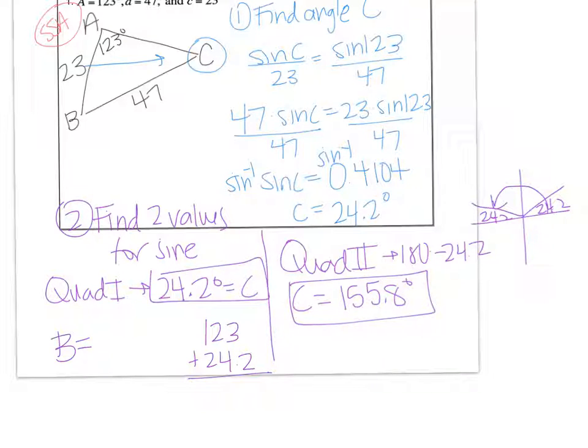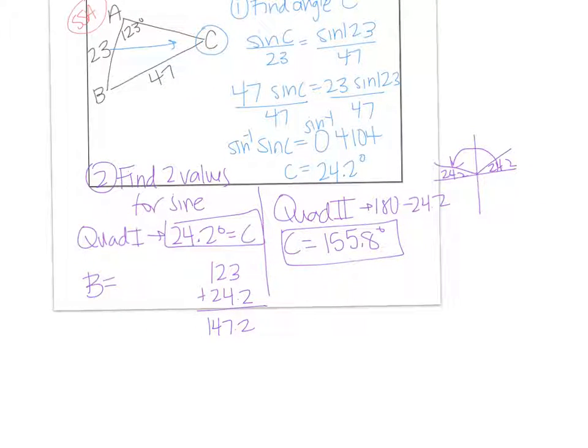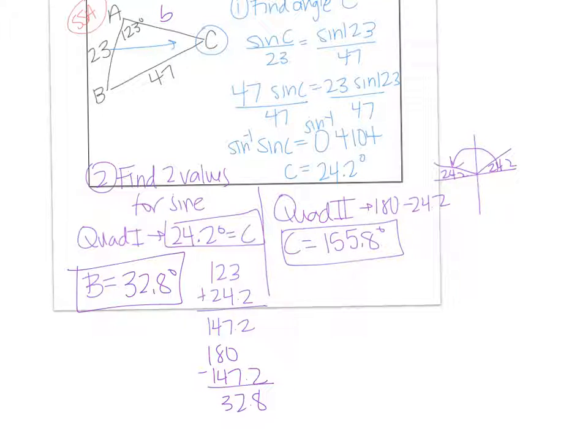I add those together, I get 147.2, subtract from 180, and I'm going to get 32.8, so that's angle B. And then the last thing we're missing is little b, and now that we have angle B, we can find it. I'm going to go ahead and write in the 32.8, and we'll work through that.